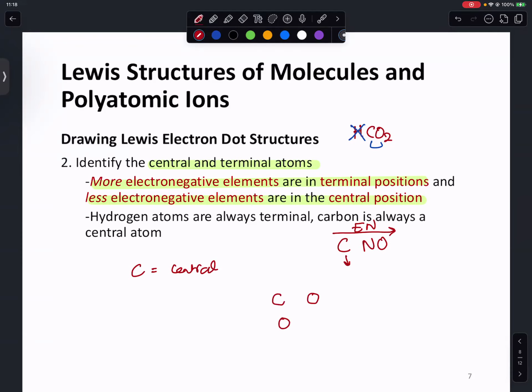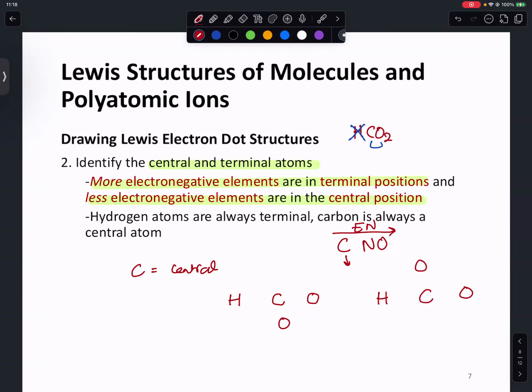Now note, hydrogens are always going to be terminal, as we discussed a second ago, because it only has one electron and can form only one bond. We can also draw it as C, H, O, O. I don't think it matters. And so this is the arrangement.